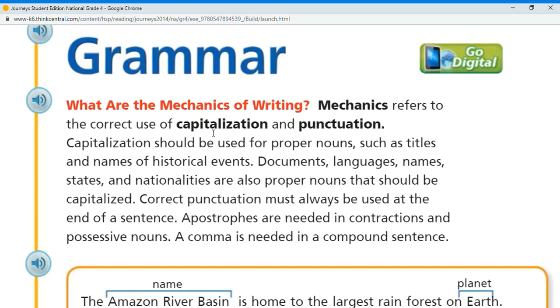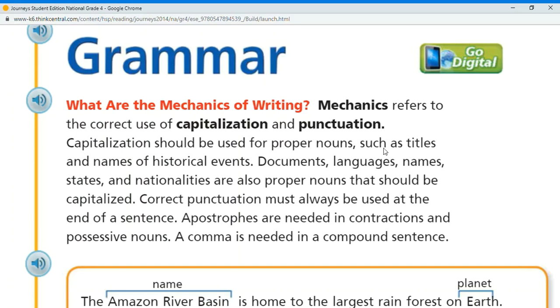So please focus on capitalization because it's really important. So capitalization should be used for proper nouns, and the proper nouns, guys, could be like titles, names of historical events, names of people, languages, nationalities, countries, names of cities, and so on.